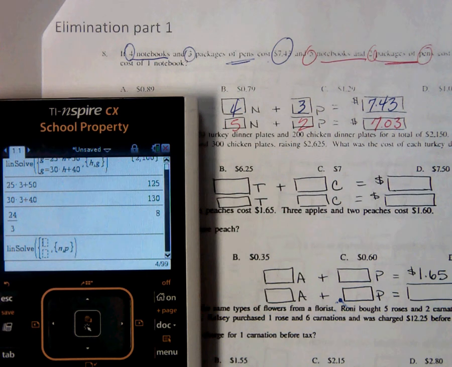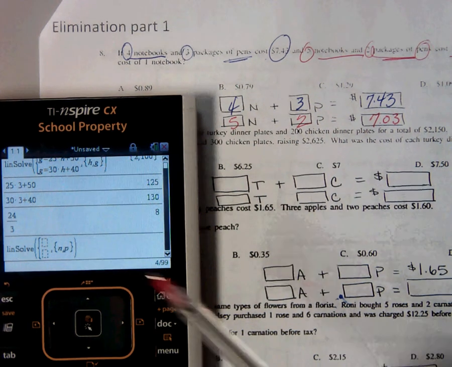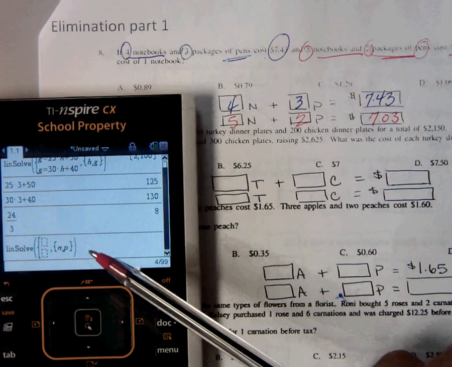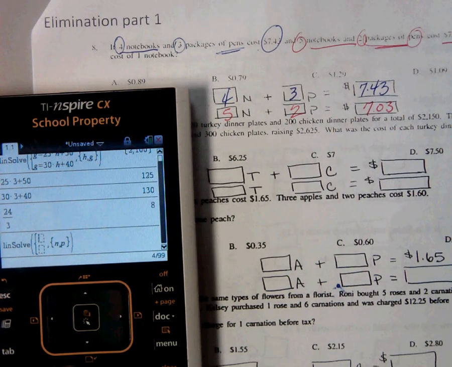Okay, now that we have what we need, and I used N for notebooks, P for pens, let's speed this process up. 4N plus 3P, and I know some of you are saying, thank you, Miss Pierce, because you're killing me, you're going too slow. Remember, you can always fast forward, but I am going to speed this up a little bit. 5N plus 2P equals $7.03.